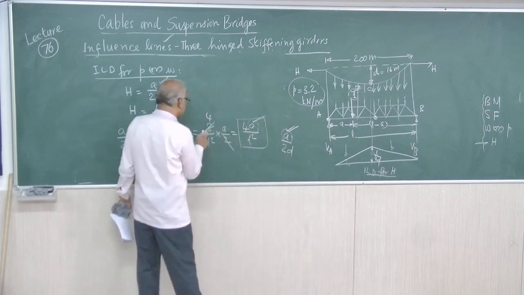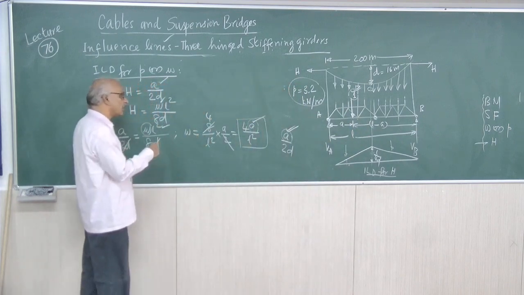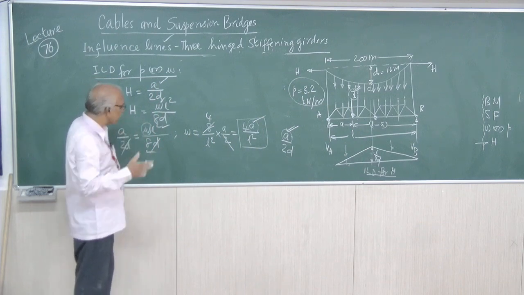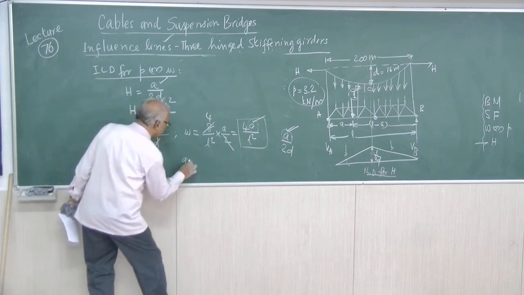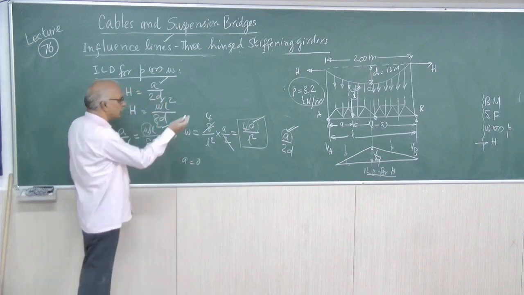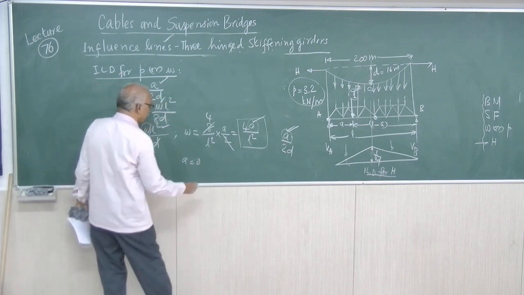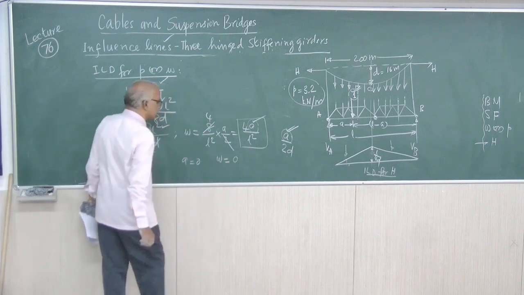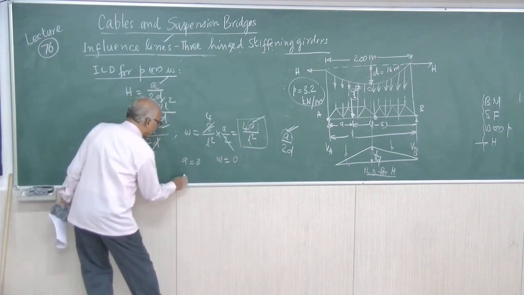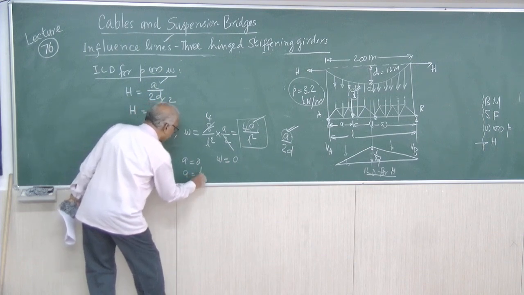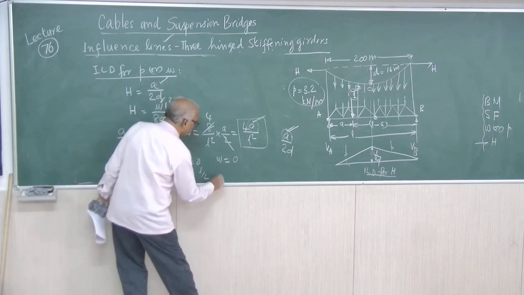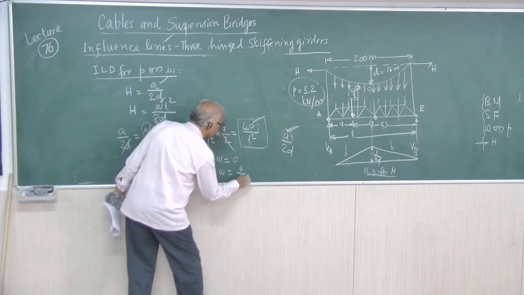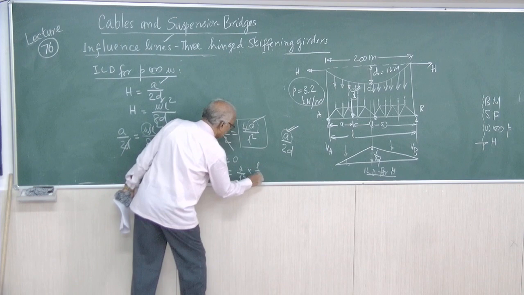For that, this is the value W. But unit load is variable, so the position is variable from 0 to L. When A equal to 0, that means when the unit load is at the left support, W will be 0. When the unit load is at the midspan, A equal to L by 2, W will be equal to 4 by L square into A equal to L by 2.